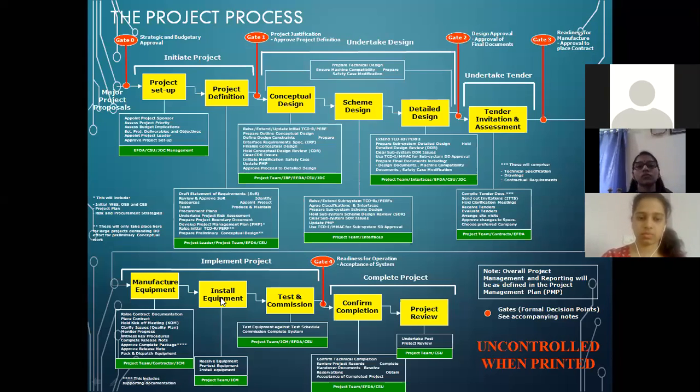Install equipment: if that particular project is based upon software or machinery, you need to install some kind of features. Next, test and commission is nothing but how you are going to test all those installed ones. Are all the installed ones working properly or not?